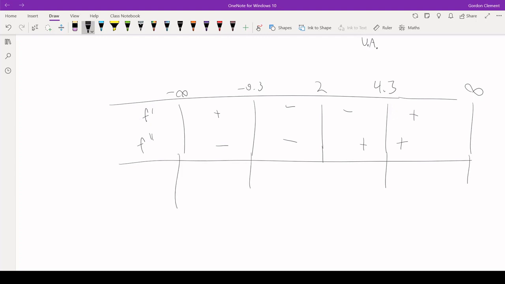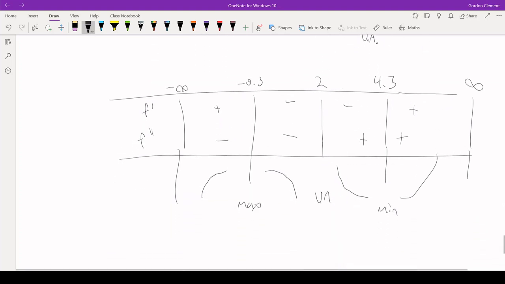So we're going to be increasing concave down, decreasing concave down, decreasing concave up, increasing concave up. And I believe this was my min, and this was my max, and that's my vertical asymptote.